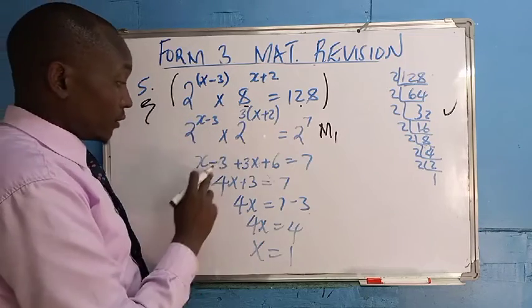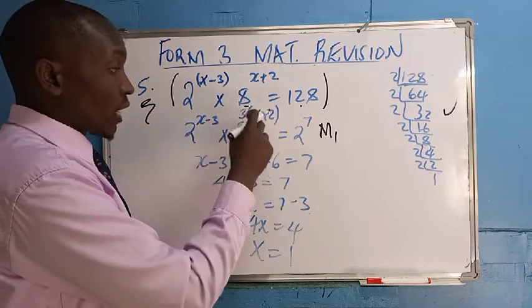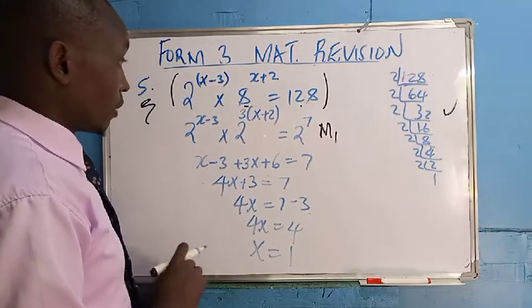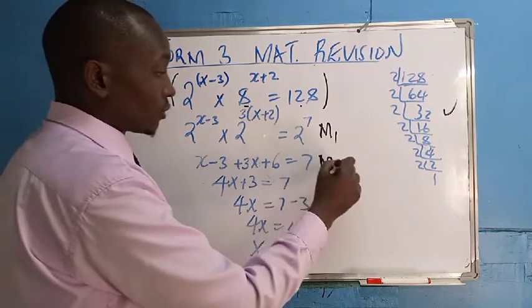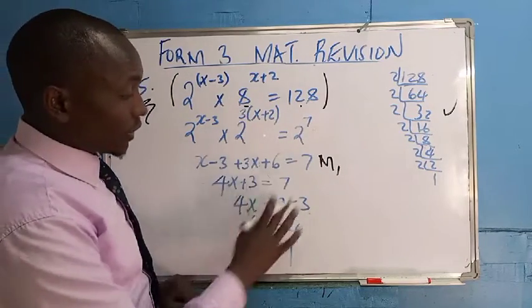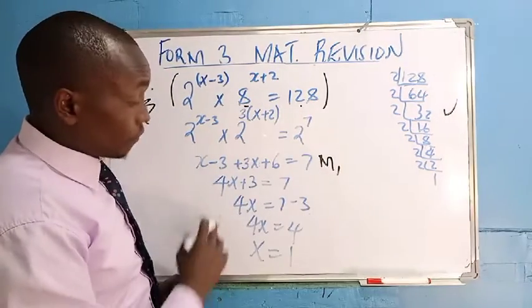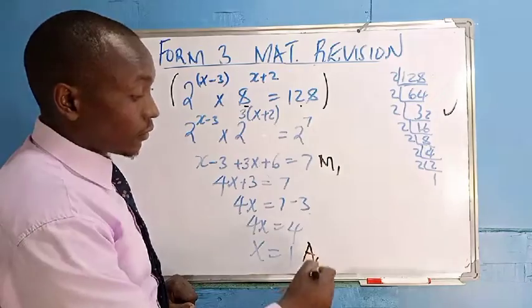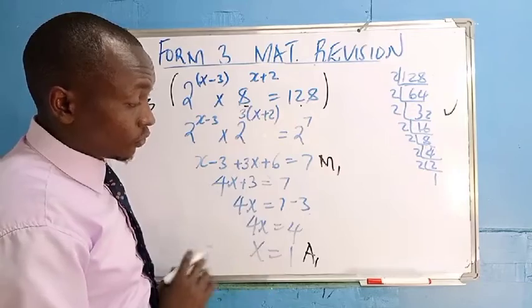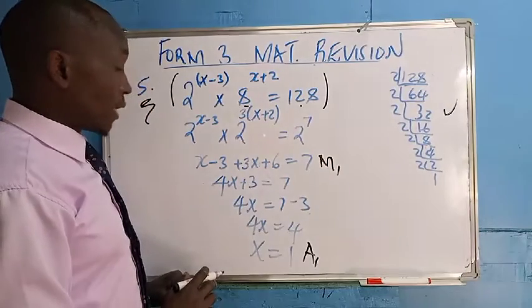So x minus 3 plus 3x plus 6 now equals to 7. Yes, equals to 7. Actually that is where the student scores the first mark. Then, if a student goes ahead to solve for x in this case, get 1. That is a simple solution like I've just done for you student here. Thank you. That's number 5.